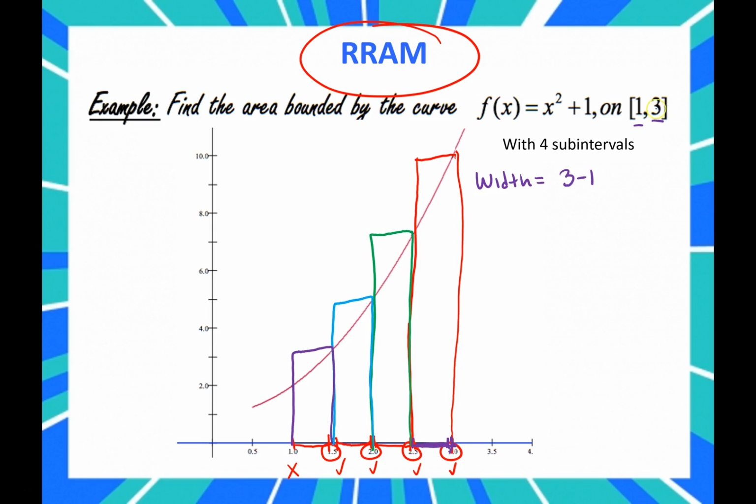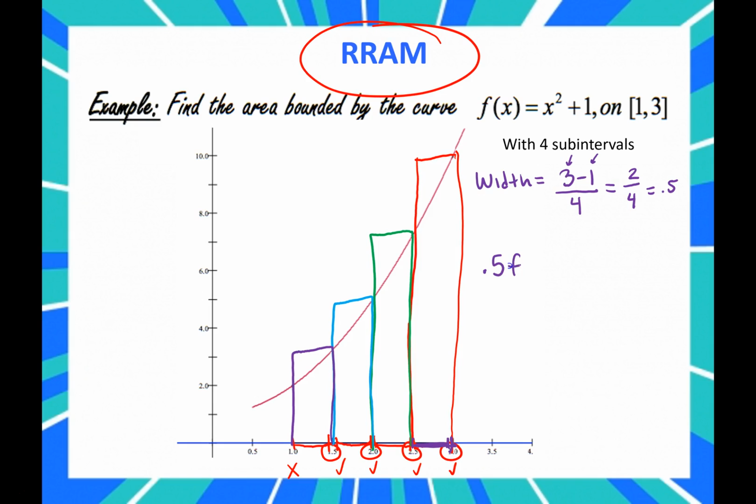So you're basically subtracting your upper bound minus your lower bound, and then you're dividing it by the number of subintervals, or the number of rectangles you want. Well, 3 minus 1 is 2, divided by 4 is 0.5. So if I said do this without a picture, you subtract your upper bound minus your lower bound and then divide by your subintervals.